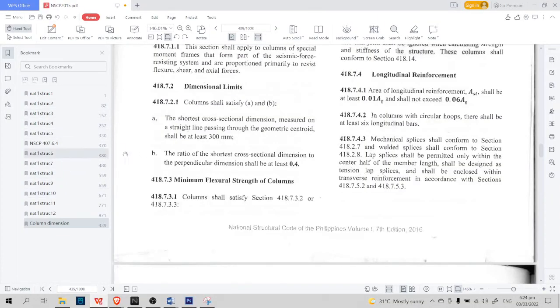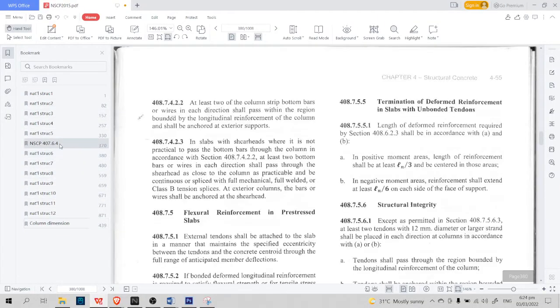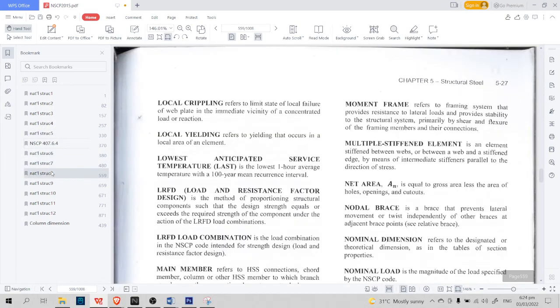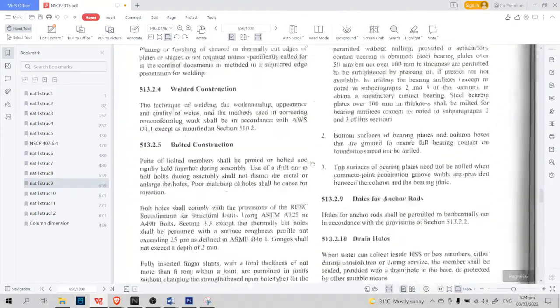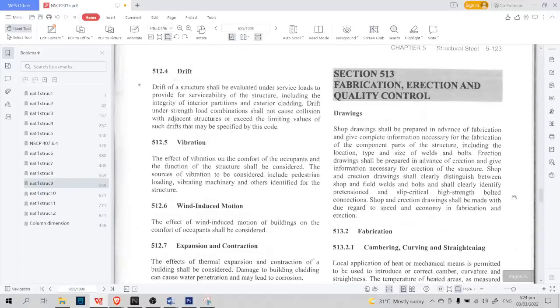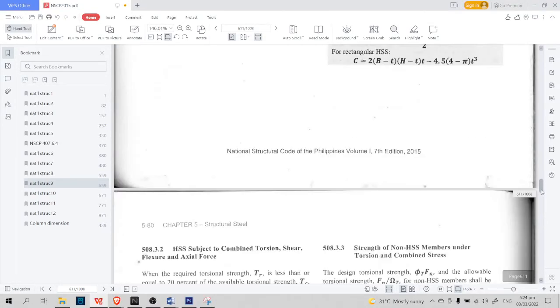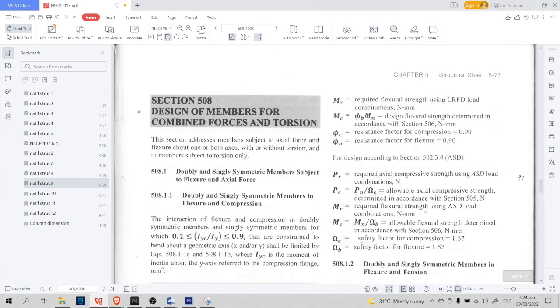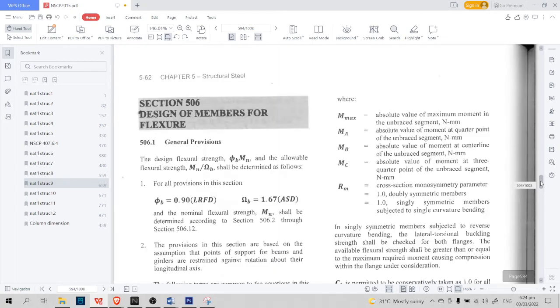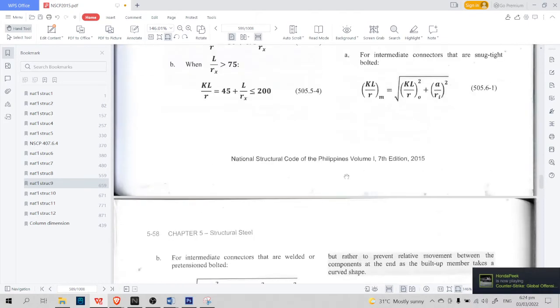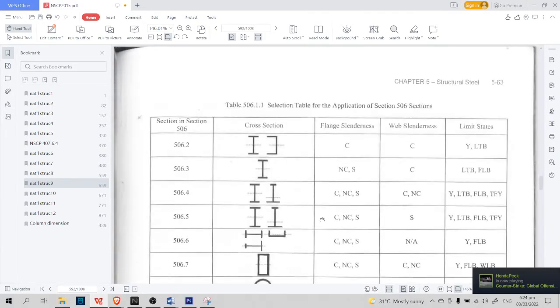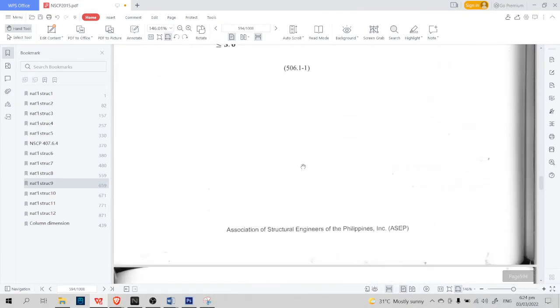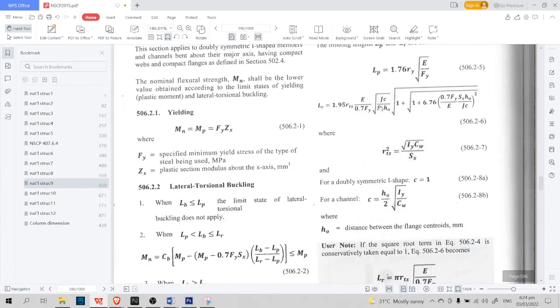But remember na may mga formula kasi na, kung napakita ko sa inyo kahapon, design of combined forces and torsion, design in flexure. So, may mga formula na aabot ng ganito kahaba.